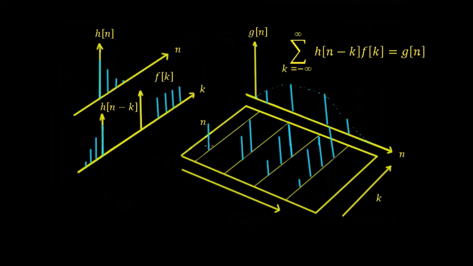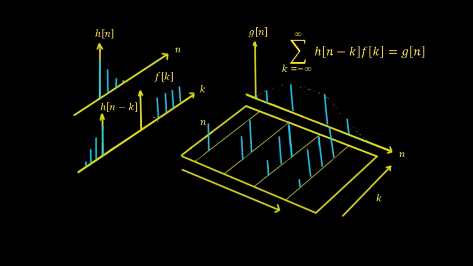Then we add everything up from k equals minus infinity to infinity. But you can see here we've only got one value sitting on top, so the height of this value becomes the height of our function g[n].